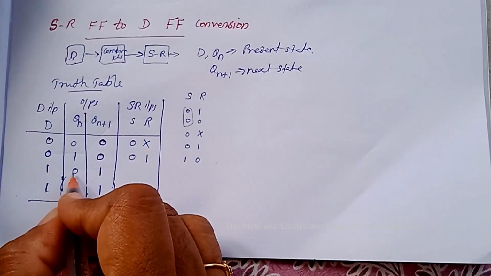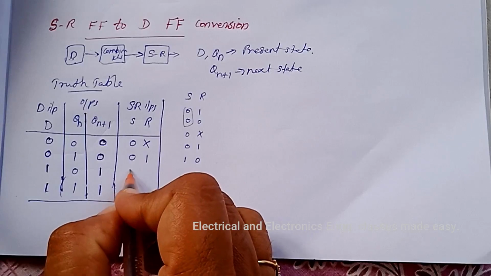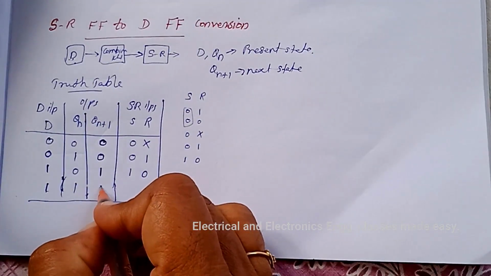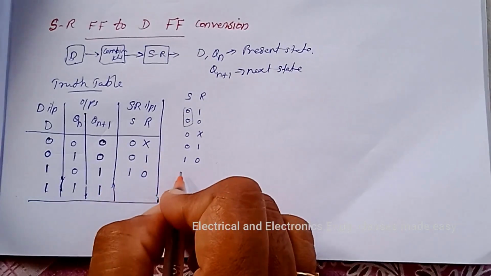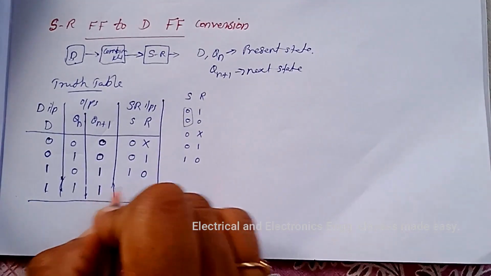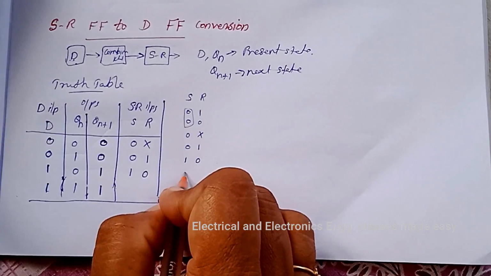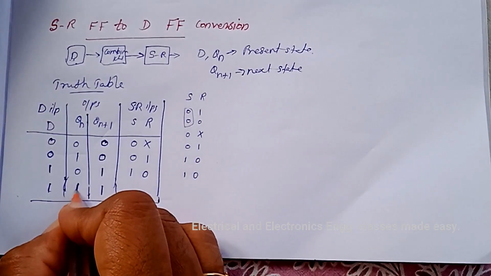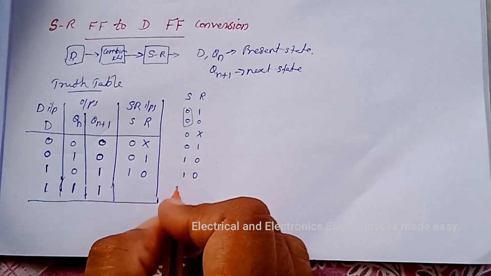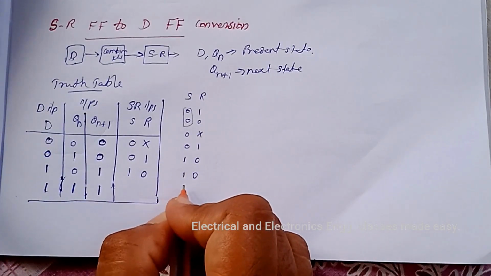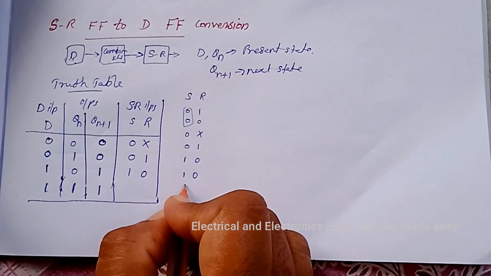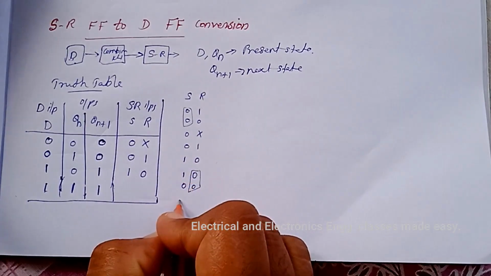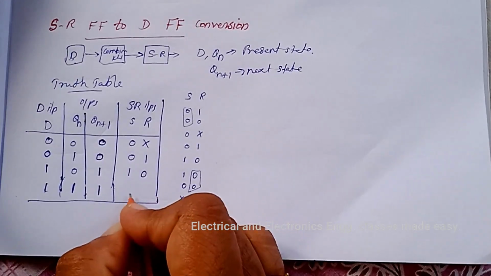And here this is 0. So we can write 1 0 here. Next is 1. To obtain 1 as the output, the SR inputs are 1 and 0. And here this is also 1, that is no change. To obtain no change condition, SR inputs are 0 0. So here we can write don't care 0.